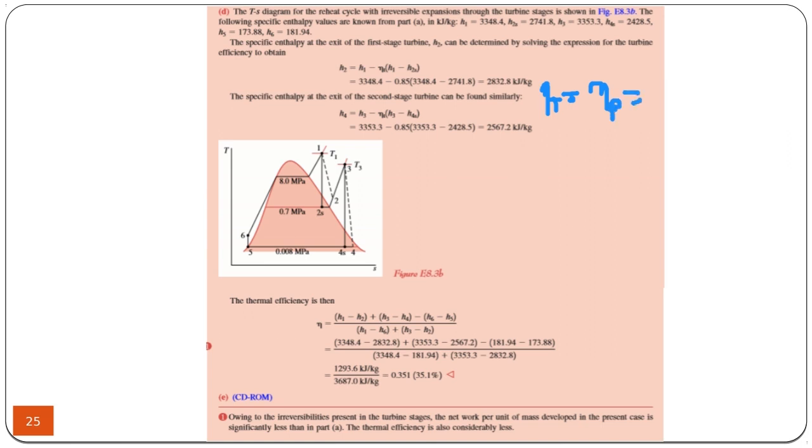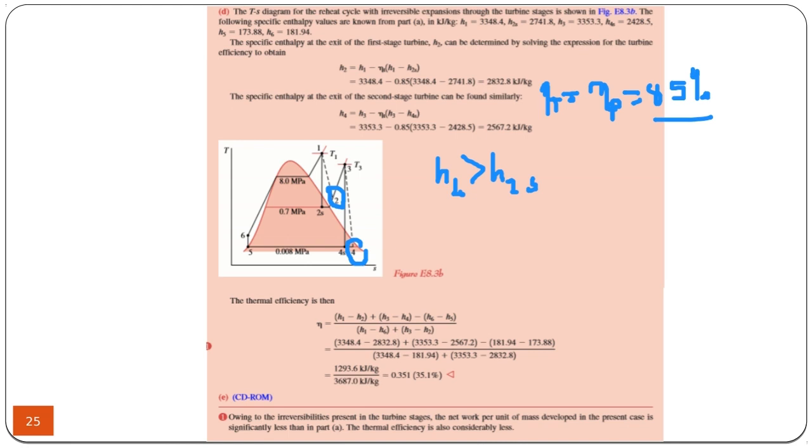So we will be using this 85% to find out the actual outlet of turbine 1 and turbine 2. So for the actual conditions of the turbine outlets, H2 is going to be greater than H2S because of the irreversibilities.